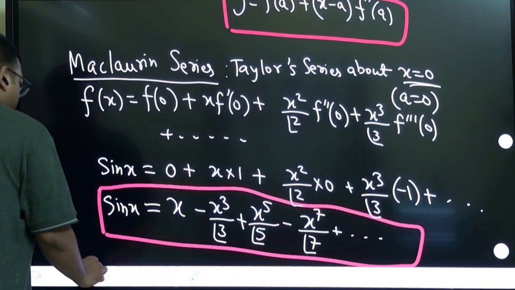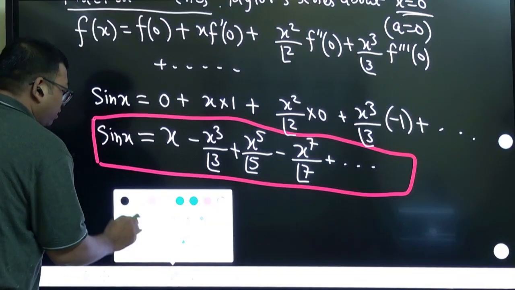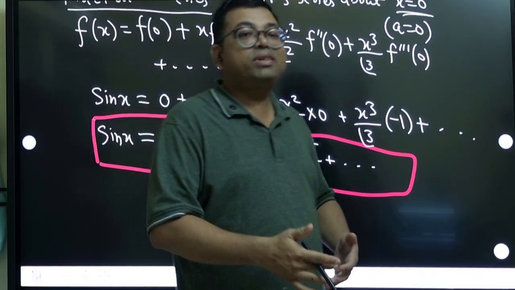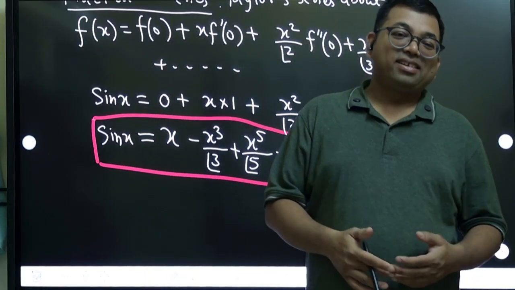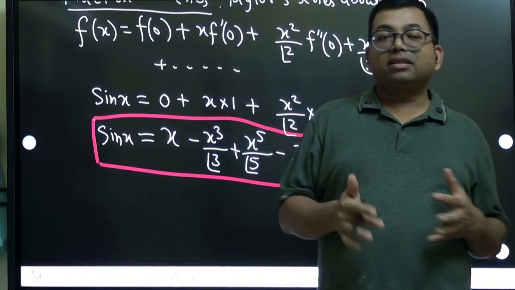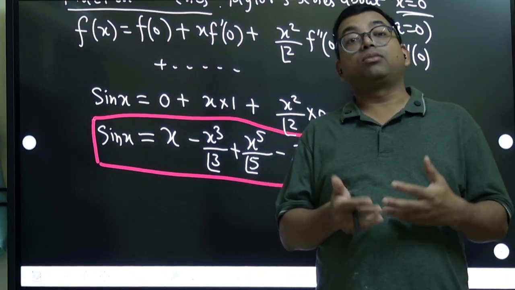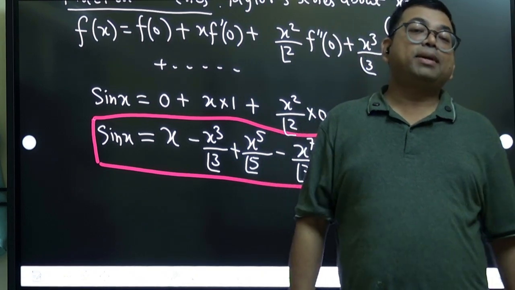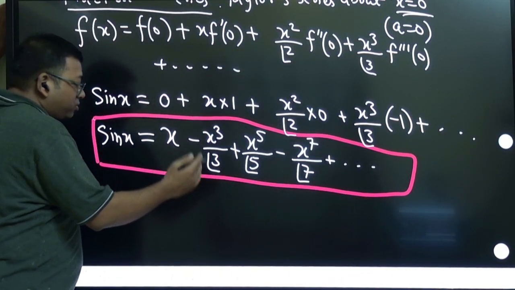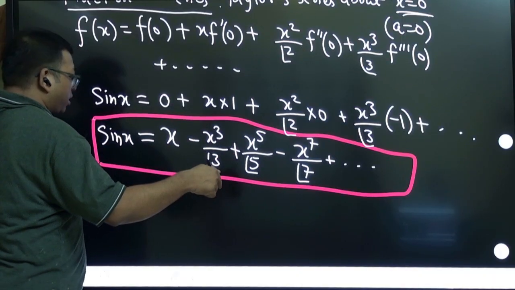Now you will understand why we take sin x as x. Generally people ask the question: we take sin x as x when x is very small, but how small? How much small do we approximate? So here you need to note that x has to be very small as compared to 1.